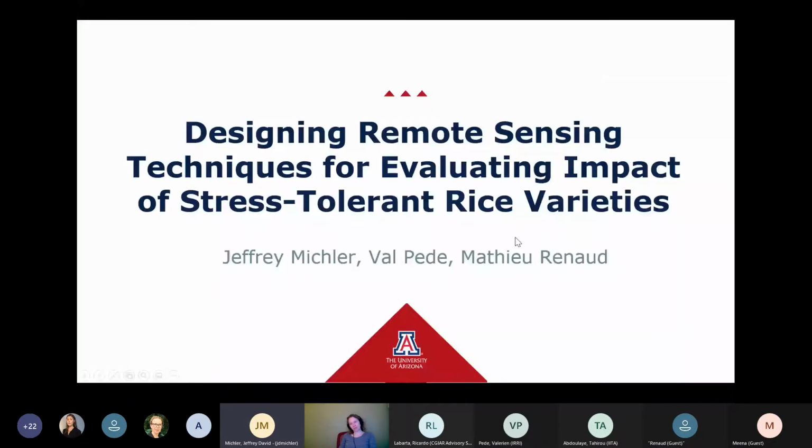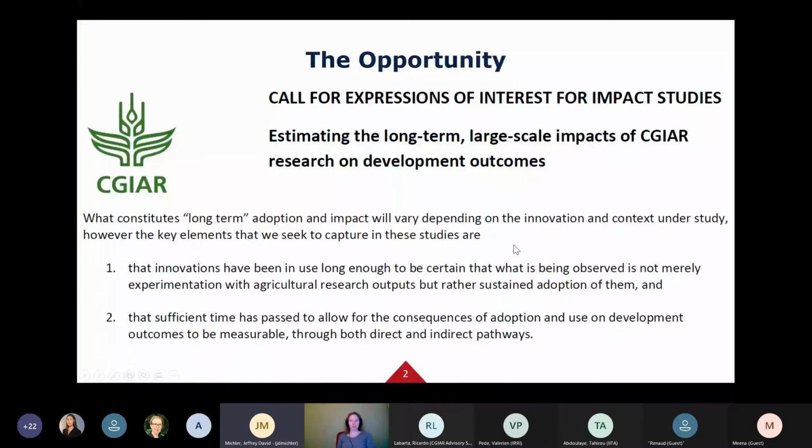So maybe, as many of you know, about 2.5 years ago, SPIA issued a call for expressions of interest for estimating long-term large-scale impacts of CGIAR research.